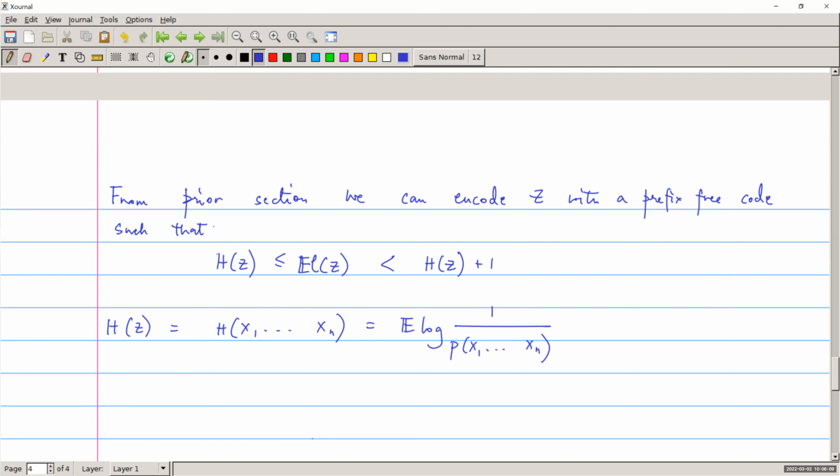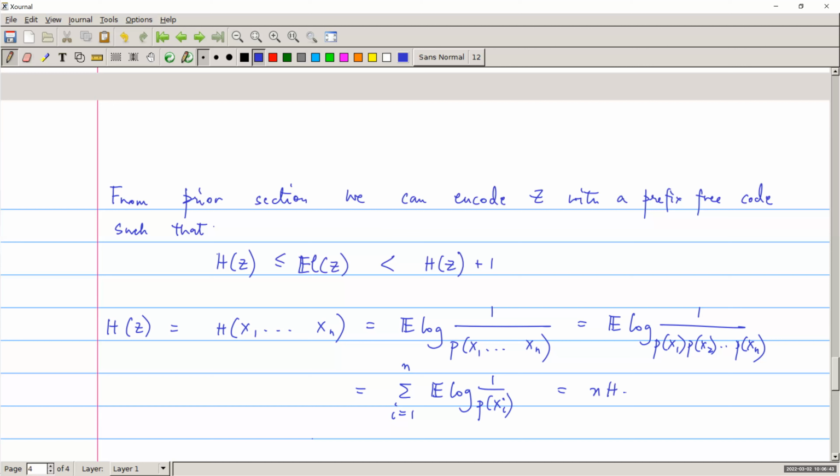Because they are IID, this is the expectation of the log of 1 over probability of x1 times probability of x2 through probability of xn. And this is therefore the summation from i equals 1 through n of the expectation of log of 1 over probability of xi, and this is the entropy of xi, which is n times h.